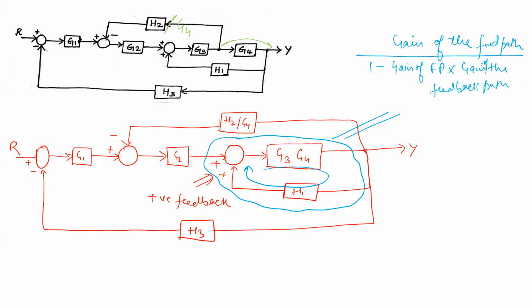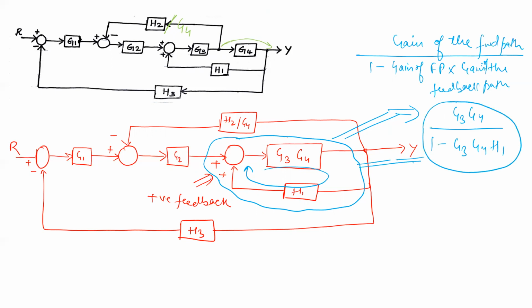That means we will have G3 G4 divided by 1 minus G3 G4 into H1. This part will be replaced with this one. So let us now replace this one here. Let us see.